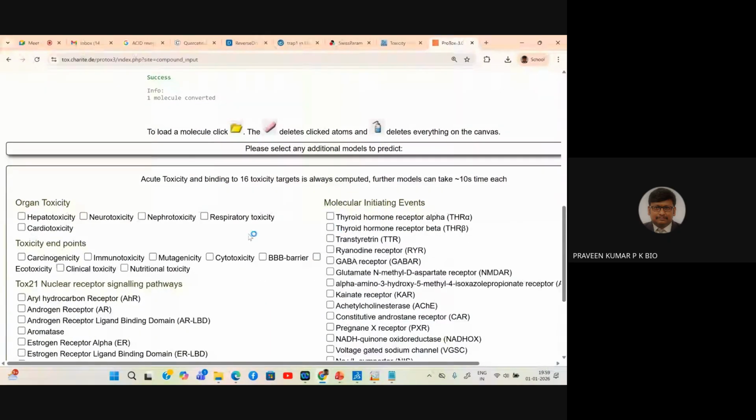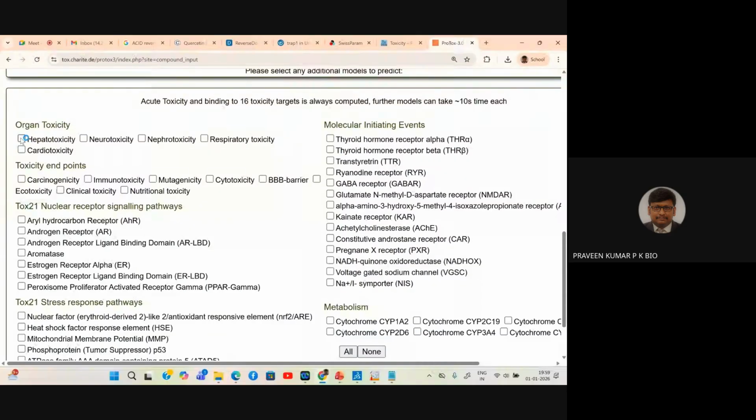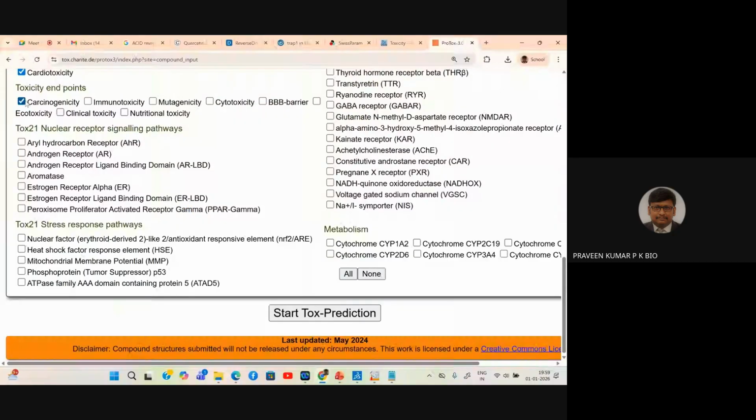After that, I'm going to check hepatotoxicity, nephrotoxicity, cardiotoxicity, carcinogenicity, immunotoxicity, mutagenicity, cytotoxicity, and then mitochondrial membrane potential, and P53, which is of course a most important target receptor for ovarian cancer. So these are what I have selected.